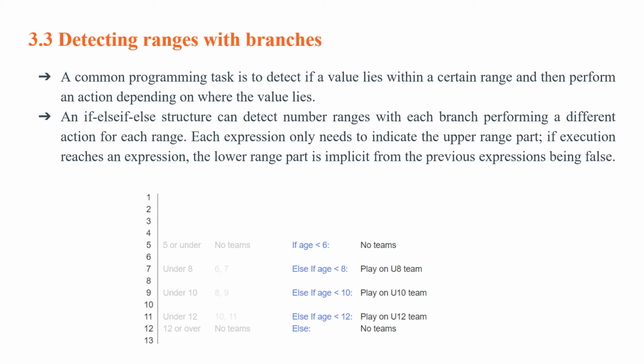Like right here, if the age is less than 6, then there can be no teams formed. If the age is less than 8, they can be on the U8 team. If the age is less than 10, they can be on the U10 team, and so on.